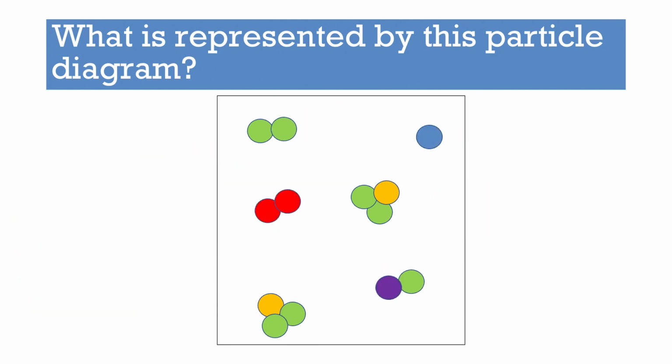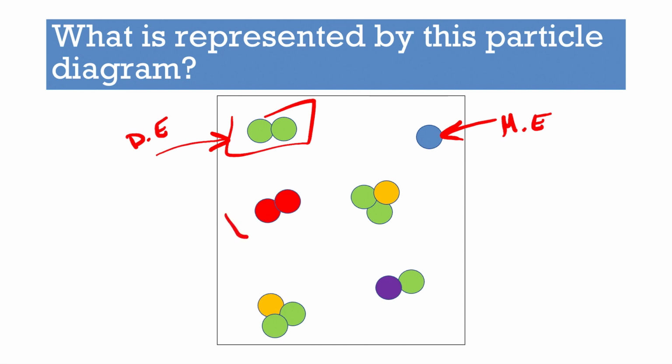Here we have a bunch of stuff, so let's look at each individual piece. Here, a single color by itself is a monoatomic element. Here we have 2 of the same colors, that is a diatomic element. Here is another diatomic element because it's 2 of the reds connected.